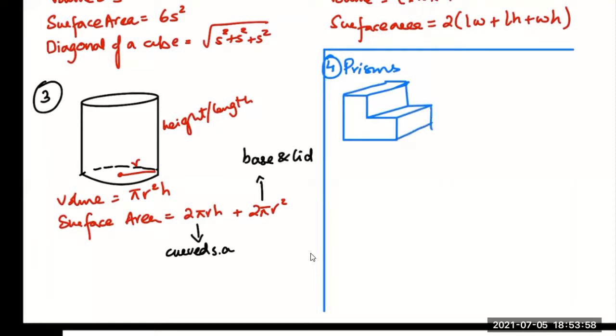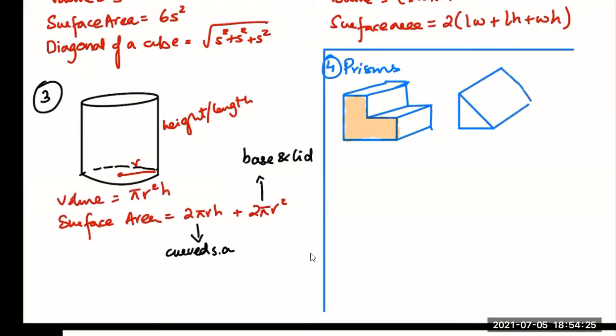Okay, this is a prism. Why is this a prism? Because when I make identical slices out of it, I'm going to get this shape. This is another prism. What I've seen in the recent past papers is that the examiner tests this more often than the others.